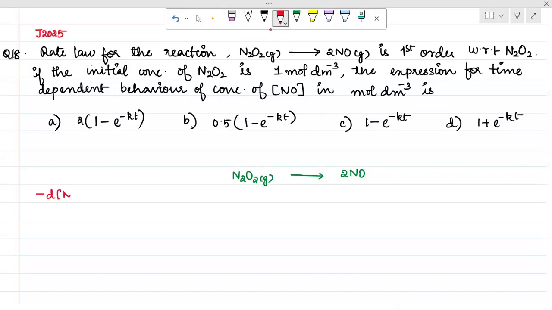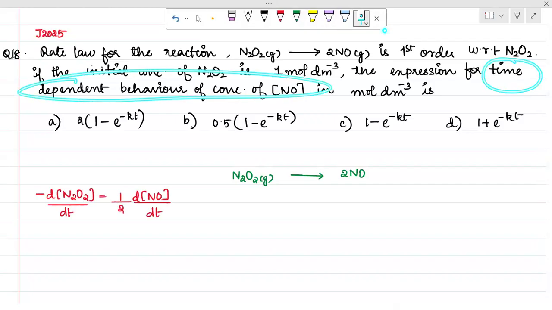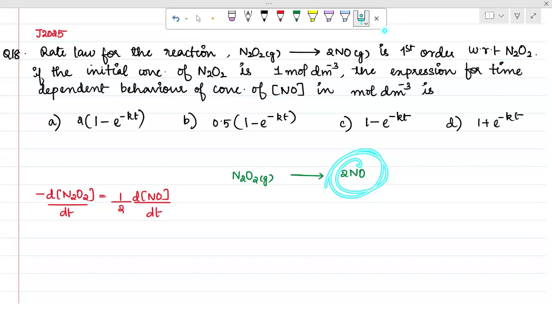Minus concentration change of the reactant with time is equal to 1 by 2 dNO by dt. This we can write, correct. And we want to know the time-dependent behavior of NO.